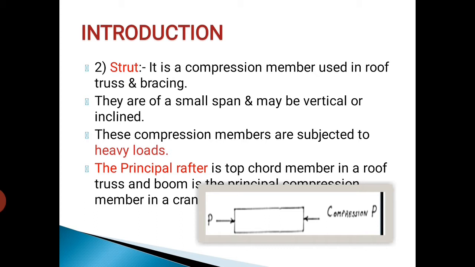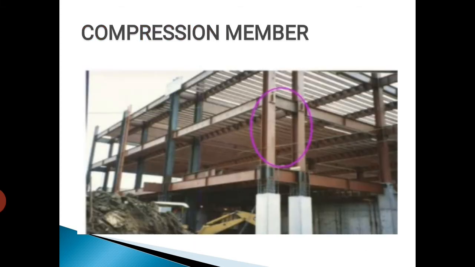compression member is a structural member which is straight and subjected to two equal and opposite compressive forces applied at its end point. Okay, this is an example of compression member. See this figure, we can see that there are some columns and beams.